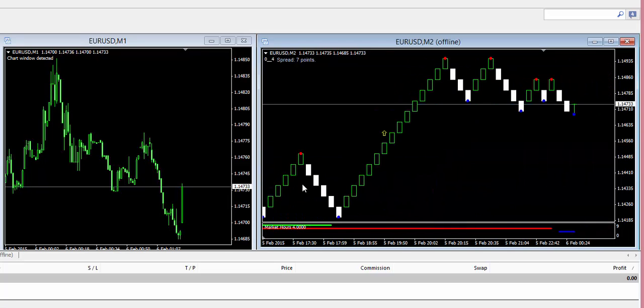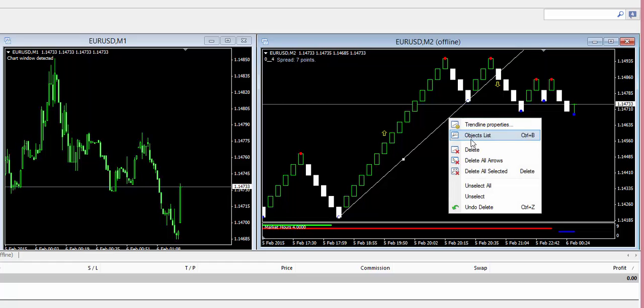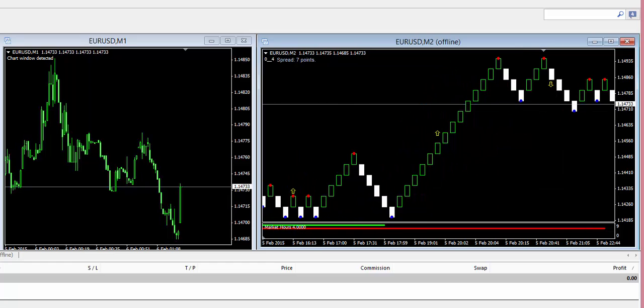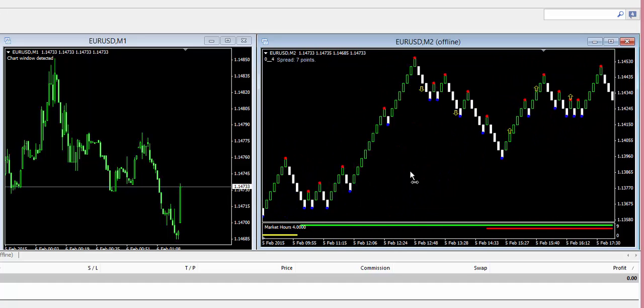And then the final trade for the day would have been, we connect these two dots here, and you see this bar closed below this trend line, and that would have signaled a sell as well. So another very easy day to trade using Renko bars and horizontal and angled trend lines. You can see we had great results.